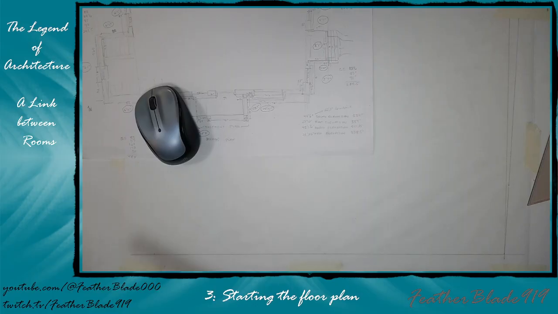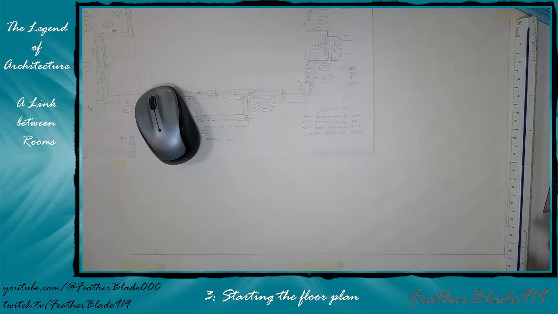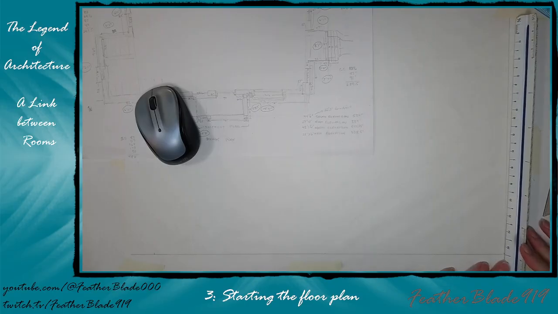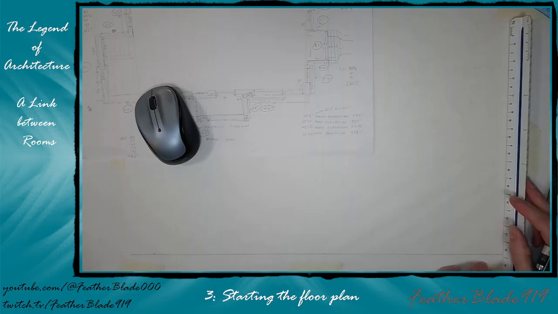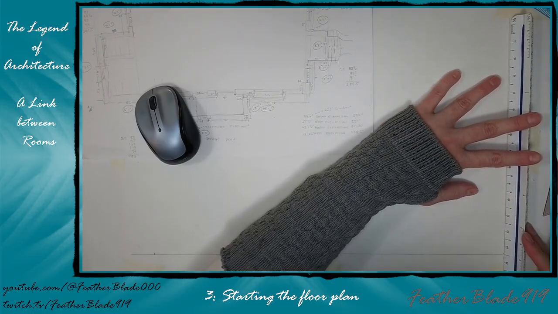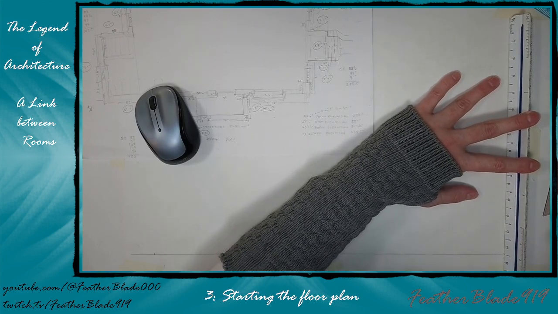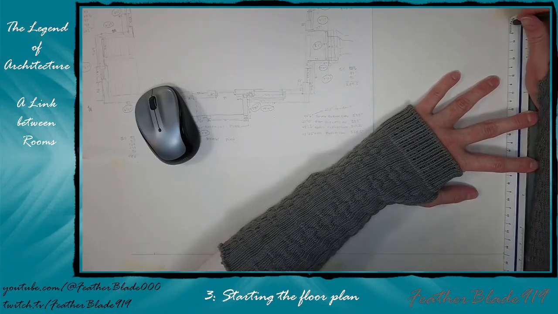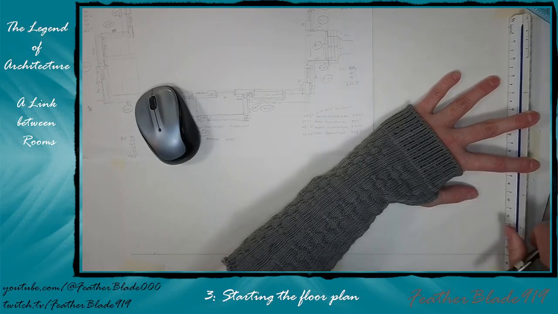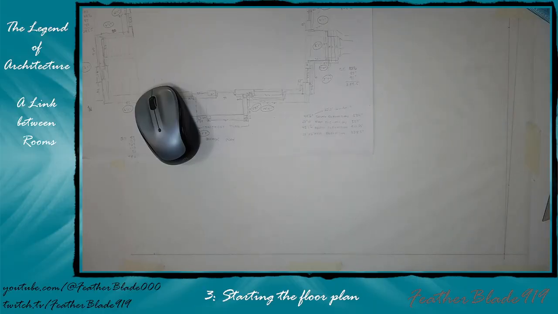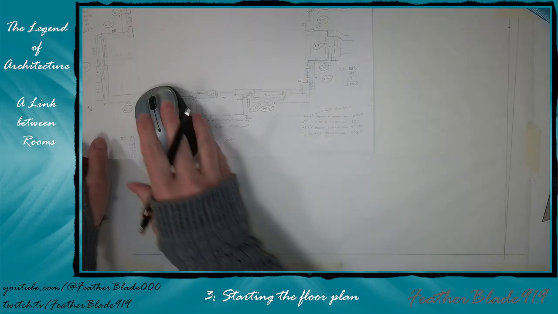As the east elevation is 27 feet and 10 inches, we will place the 27 foot mark on our corner here, line the scale up with the line, and then put our mark out here at 10 inches. That gives us the location for that corner.